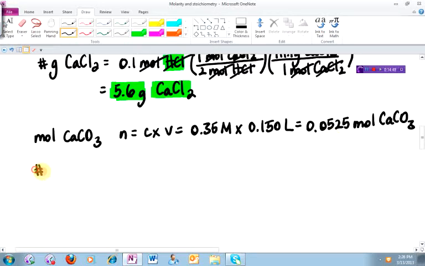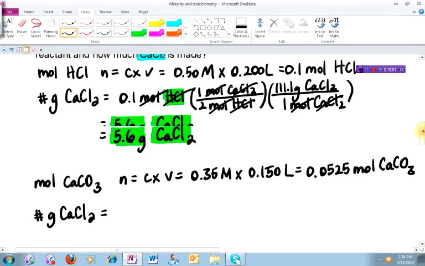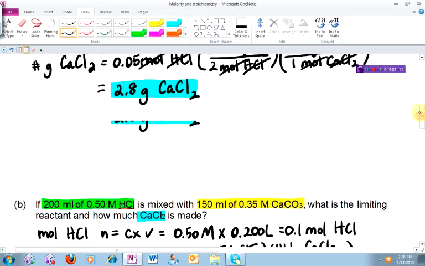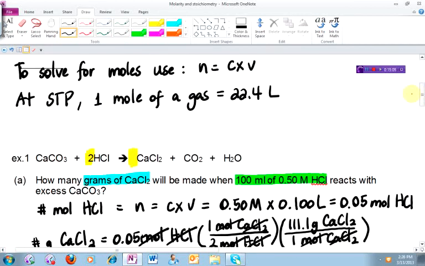Okay, so now we're going to do number of grams of calcium chloride, and we have the same conversion factors that we're going to use. Well, actually, no. Let's take a look at what conversion factors we're going to use in our equation, because we have to look at the mole ratio.